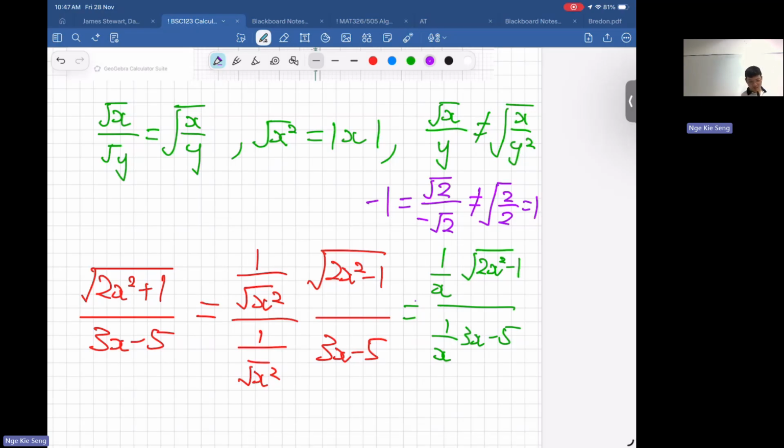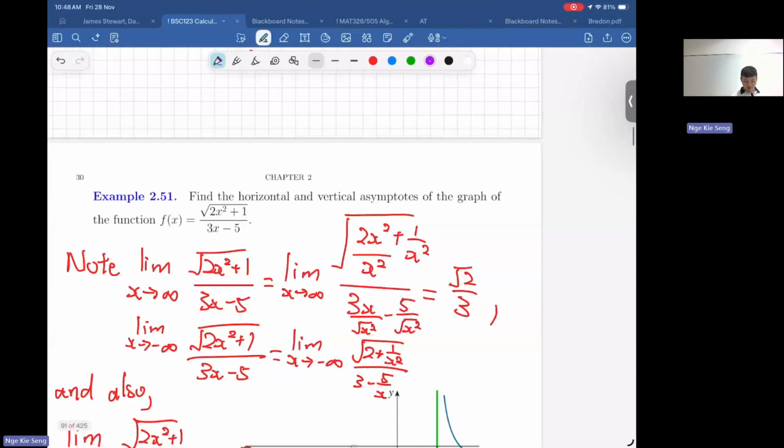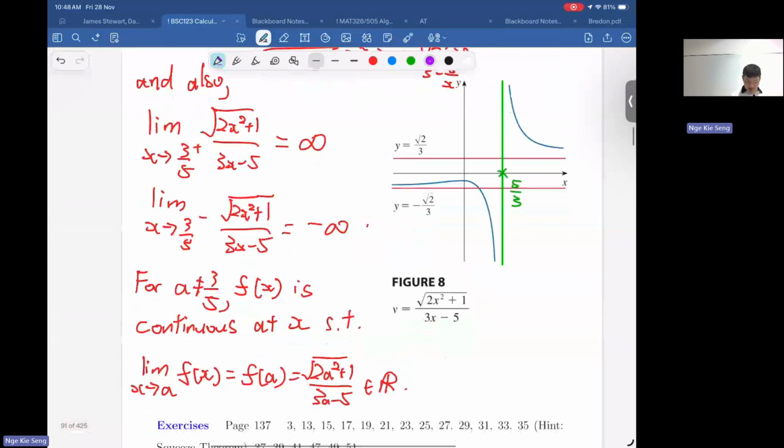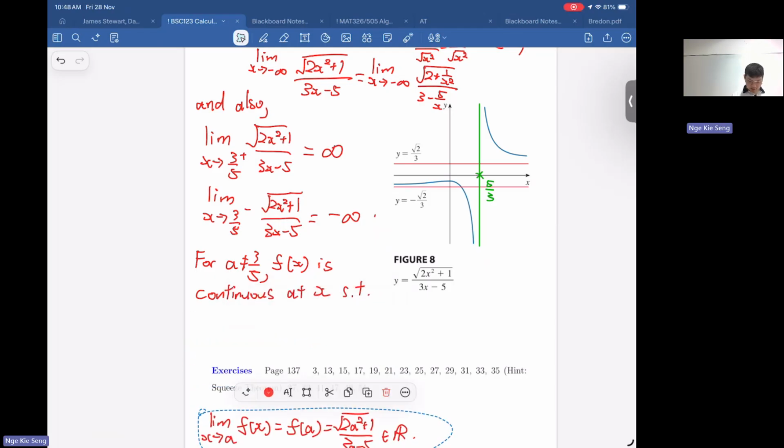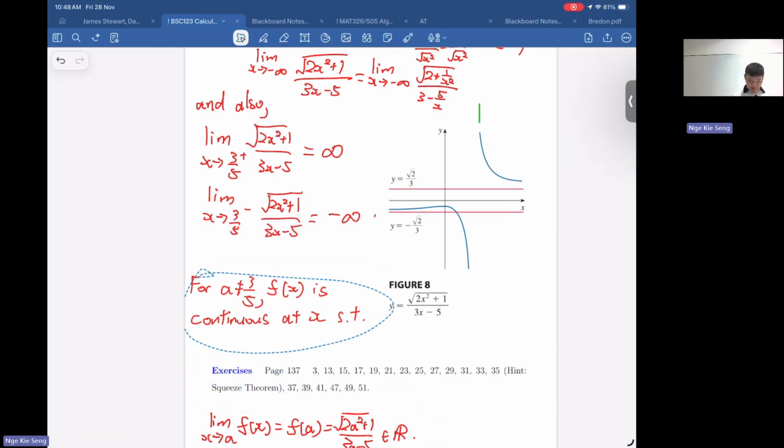I think this is the mistake we made just now. Does it make sense? Okay, so we need this square root coming in, and then our calculation will be slightly different.